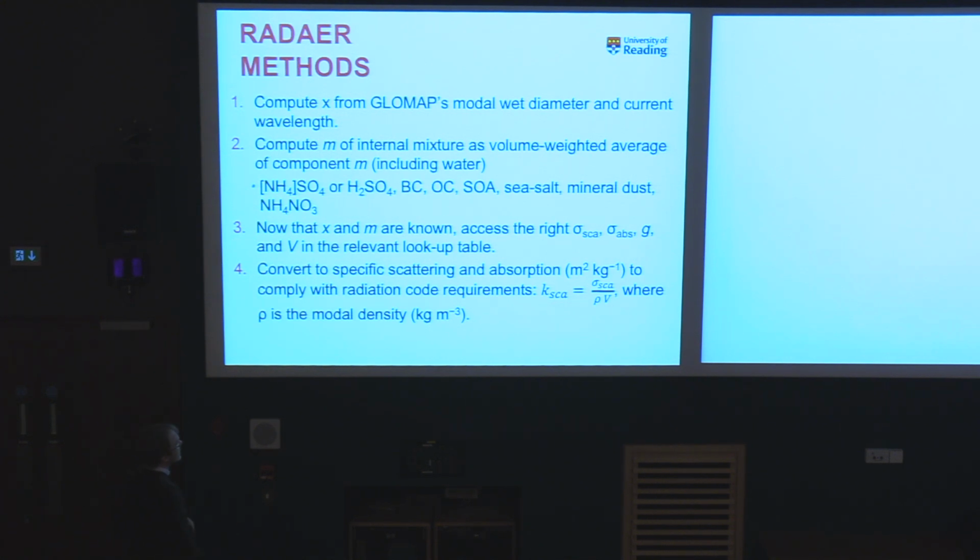Then after that, there's a slight conversion of units because the Socrates radiation scheme doesn't expect scattering and absorption to be in per meter, but it expects them to be specific coefficients, so per unit mass. So you just need to do a little unit conversion accounting for density and volume of the aerosol.